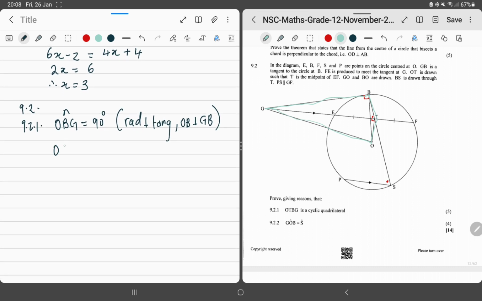And then OTG is equal to 90 degrees. That's because of a line from center to midpoint of chord.